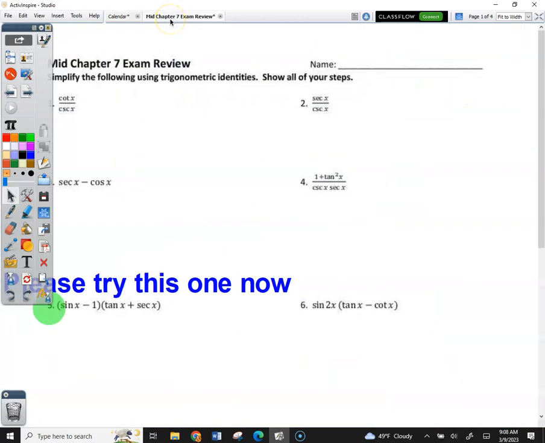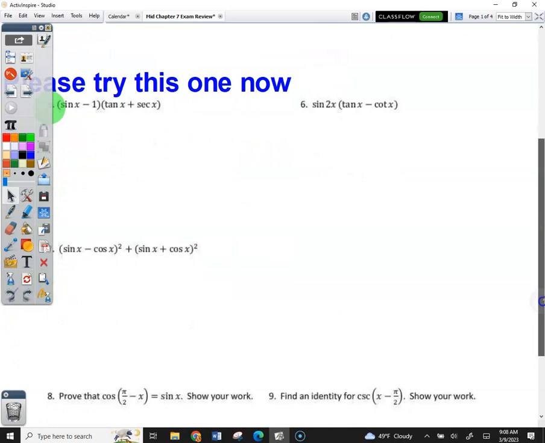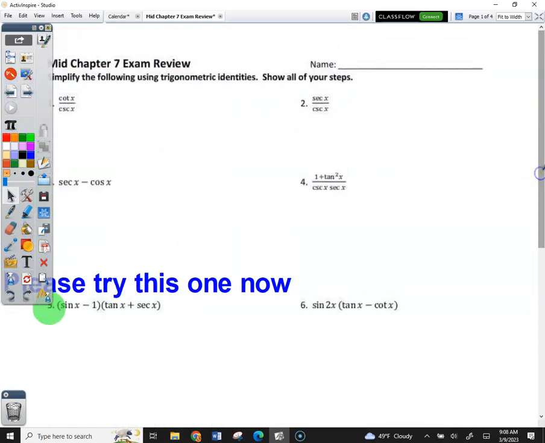All right, on the review, 1 through 7, I believe. 1 through 7 is simplifying, which I find to be the harder types of questions because you don't know when you're done.